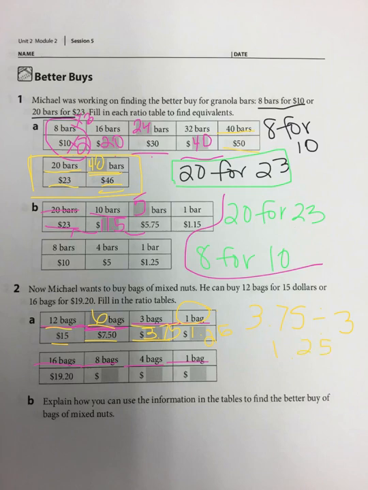Please pause the video and complete the second part of 2A, the second ratio table. Go ahead and check your work with what I have for that second ratio table. This one was a lot tougher. So what I did was, I know 16 is 8 doubled. So that means I'm going to have $19.20.